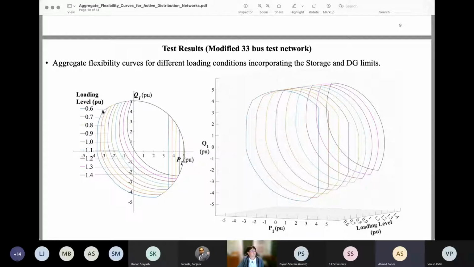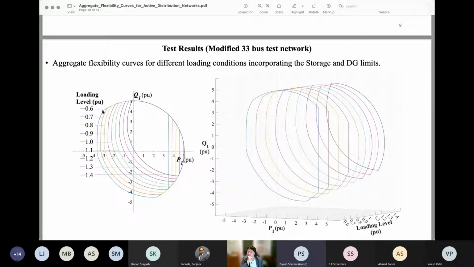So what is the application of this? If I have this curve, where can I use it? As a distribution system operator or distribution network operator, instead of sharing any more information with the operators in the higher level of hierarchy, I can share such curves, and then the TSO or the ISO can do the scheduling and dispatch.